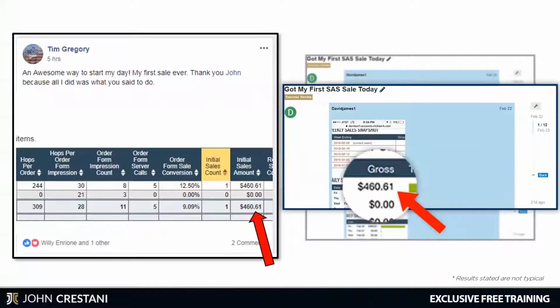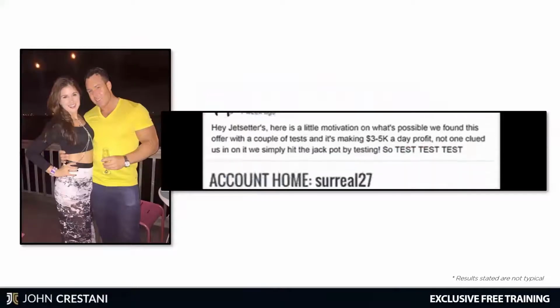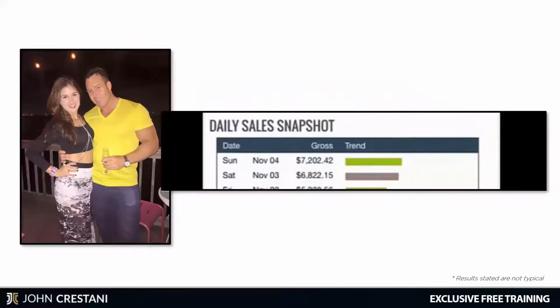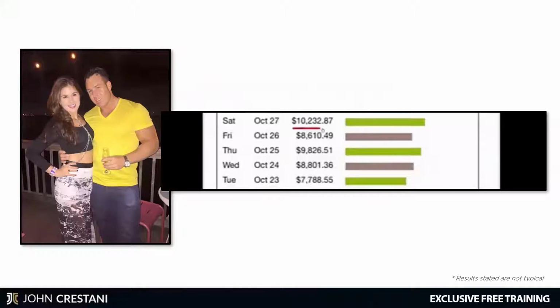Tim Gregory, first sales, over $400. Here's another student of mine, Keenan. Here's Brian Pfeiffer, who's gone on to just keep doing this and make insane amounts of money and has completely changed his life from being a limo driver to living the life of his dreams, having a mansion out in Las Vegas.